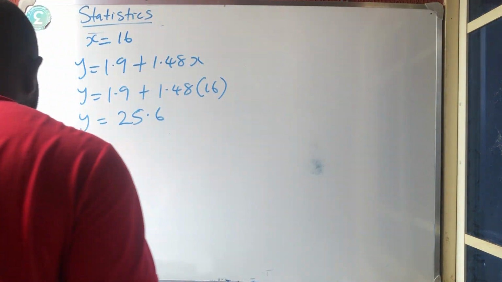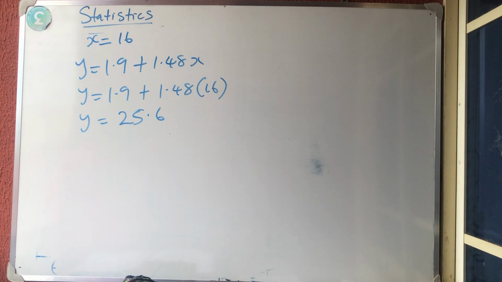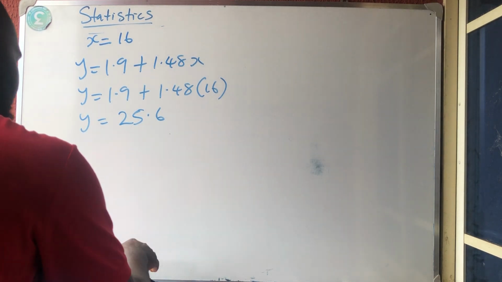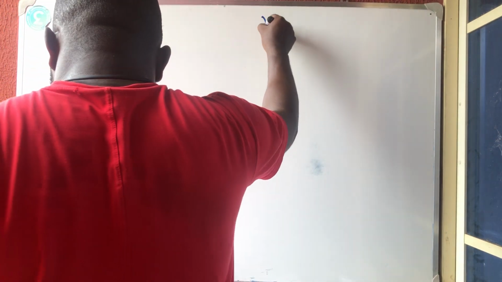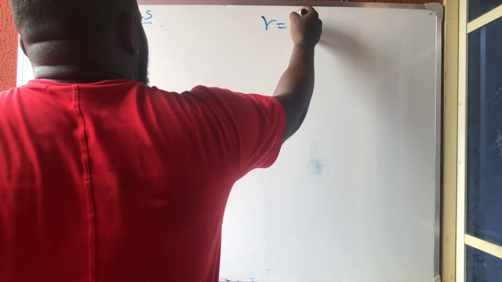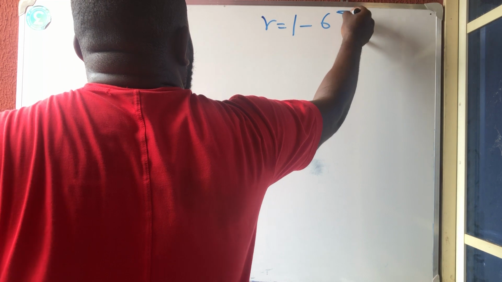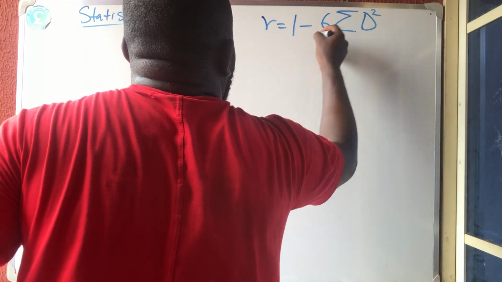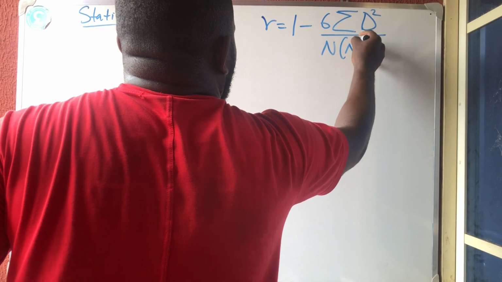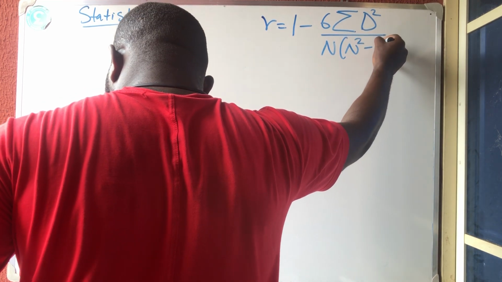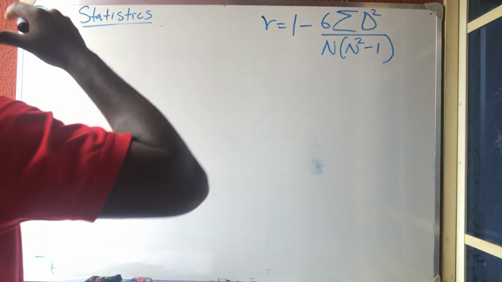That is what they are asking us, and we can get it since they didn't tell us anyone to use. We can use anyone we like, and the one I love using is what? Is that the ranking is equal to 1 minus 6 the summation of what? D squared all over, sorry, this one over what? N into n squared minus 1, right? So this is one I love using.